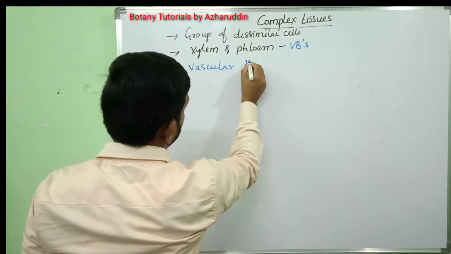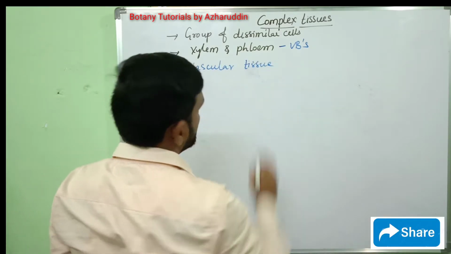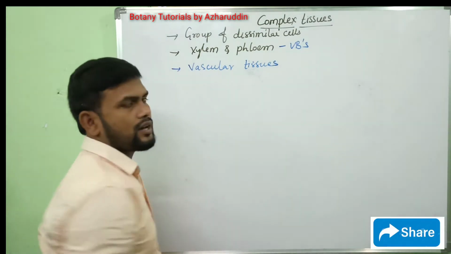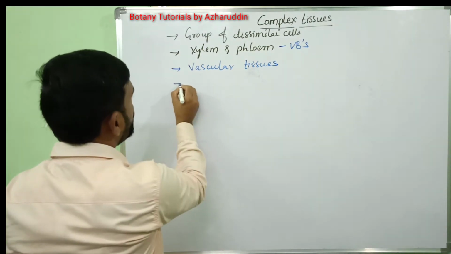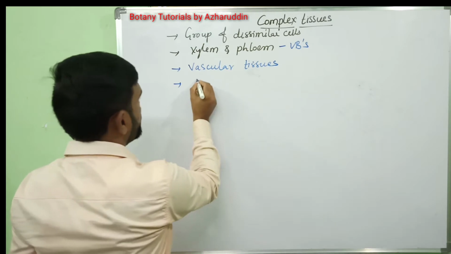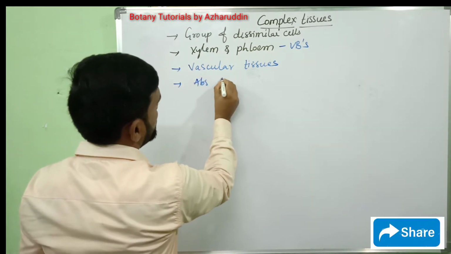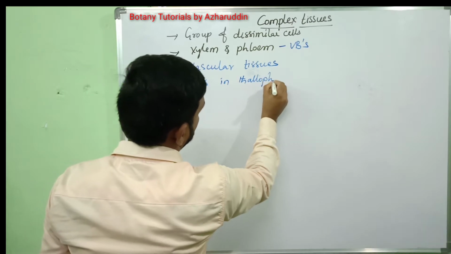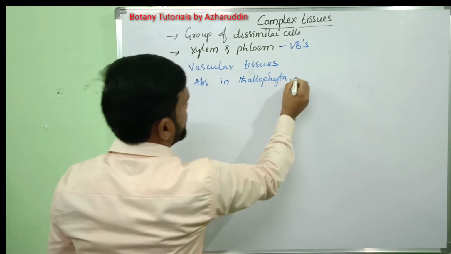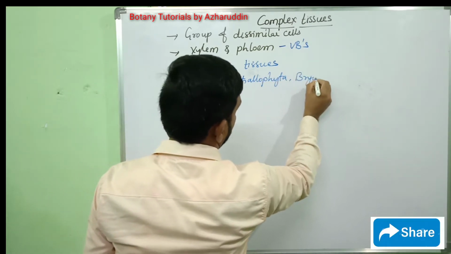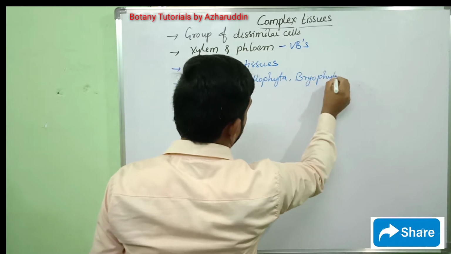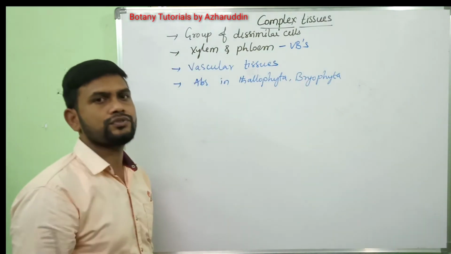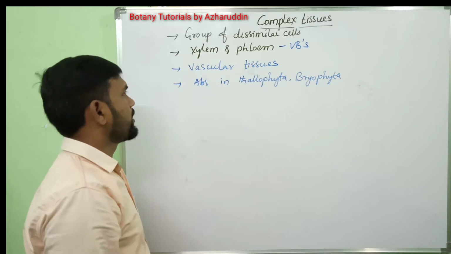These vascular tissues are absent in Thallophyta, and the second group of plants, Bryophyta.